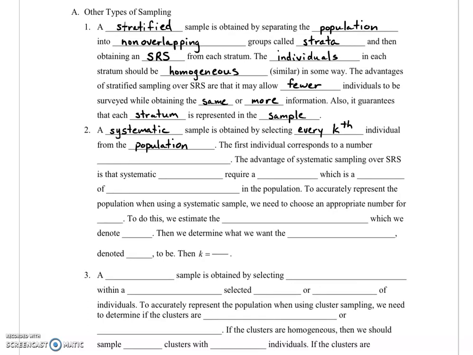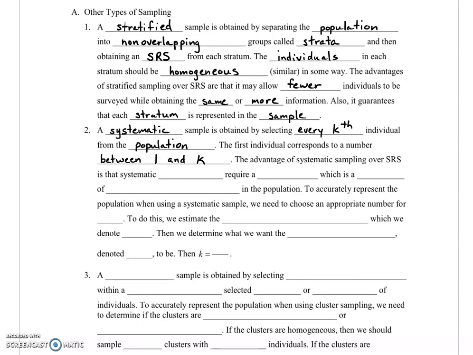So every kth just means pick a number. It could be every other person, every third person, every 10th person, however we want to do it. The first individual corresponds to some number between 1 and k.